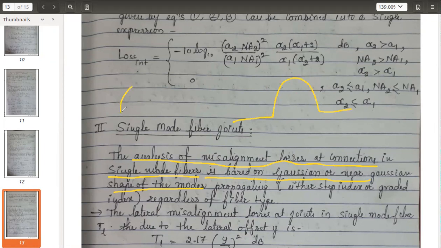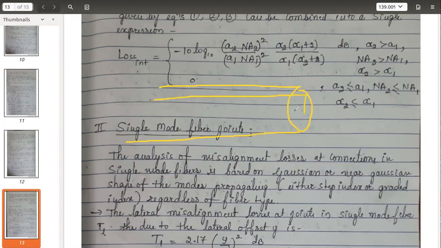Okay, if you have an optical fiber like this, say this is your center core. I'm just extending this so that the graph is clearly visible to you. This is your center point.